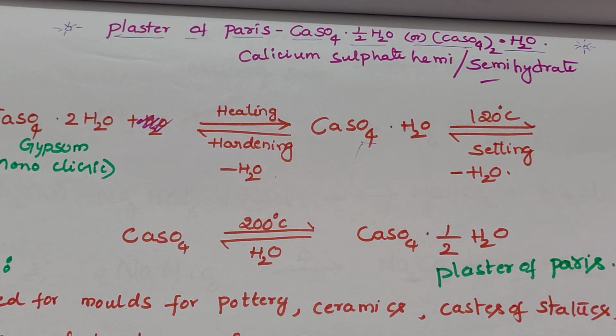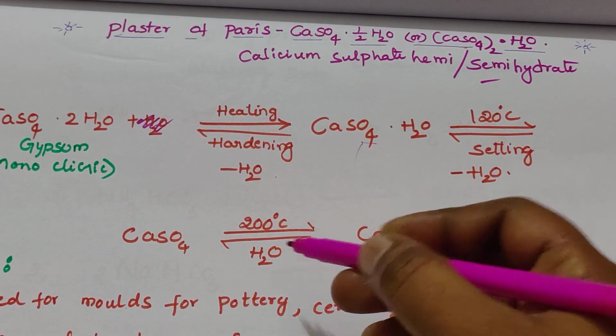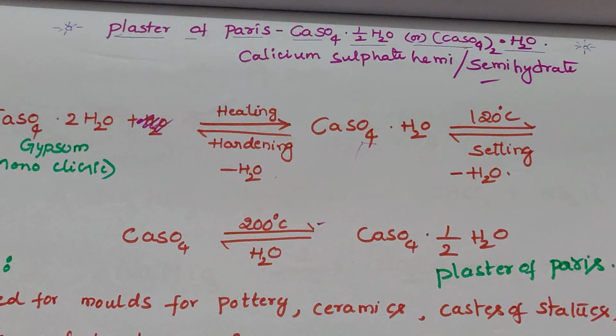The resulting anhydrous CaSO4 is called dead burnt plaster, because it does not have the property of setting with water. That's why we only maintain 200 degrees centigrade, not rising above 393 kelvin.